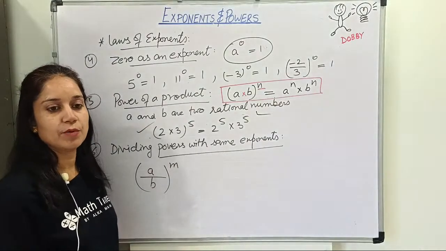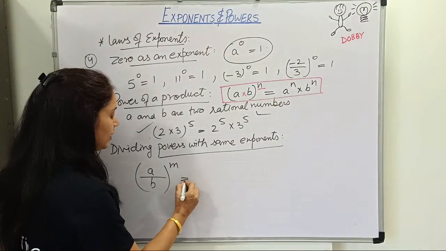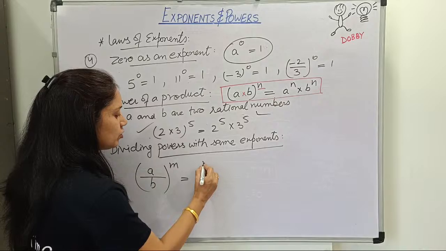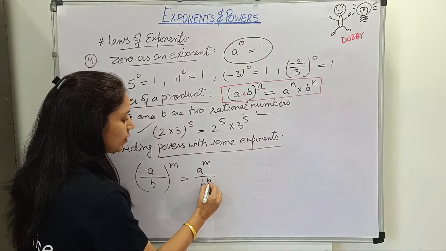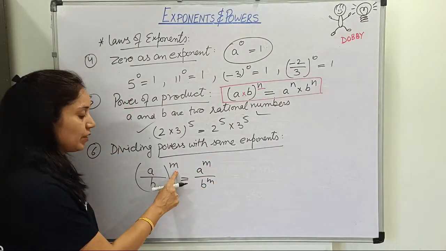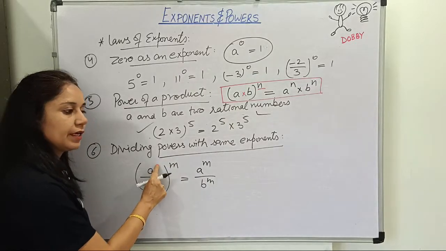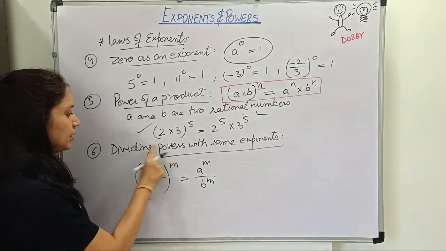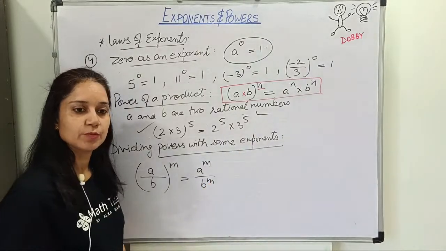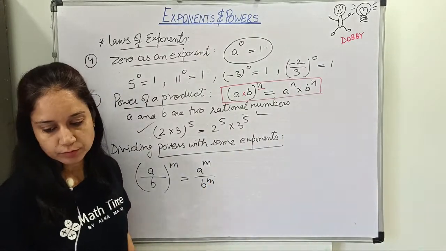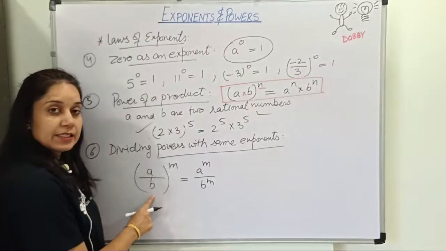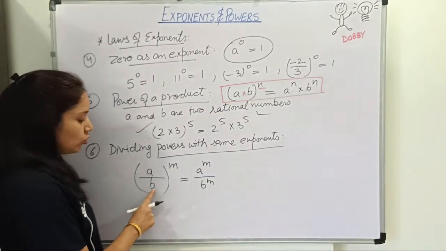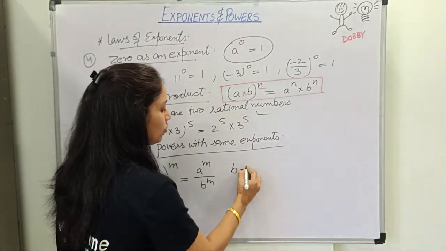Together they are having a power, so it can be written separately also: A raised to the power m upon B raised to the power m. That means this power m is equally distributed on A and B. This is your dividing powers with the same exponent rule. But take care that it is a rational number, so B should not be 0.